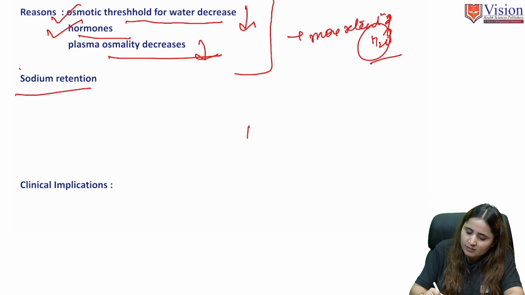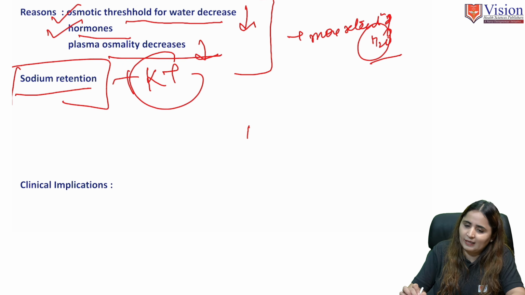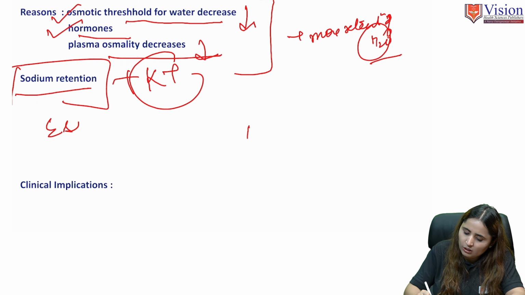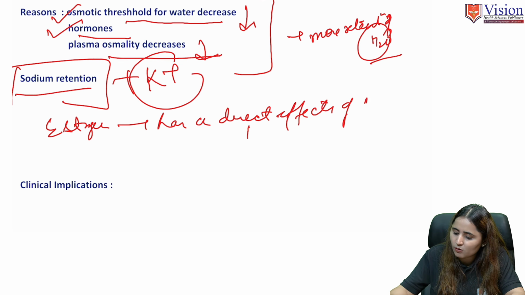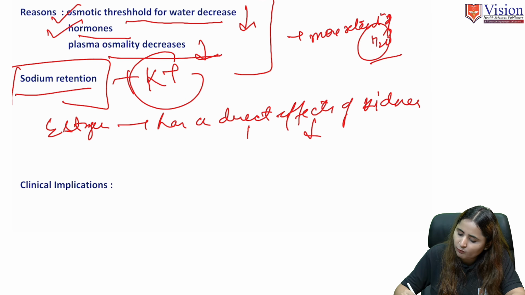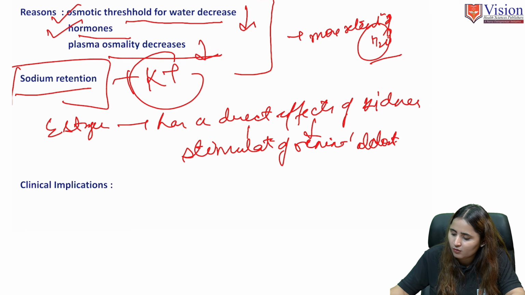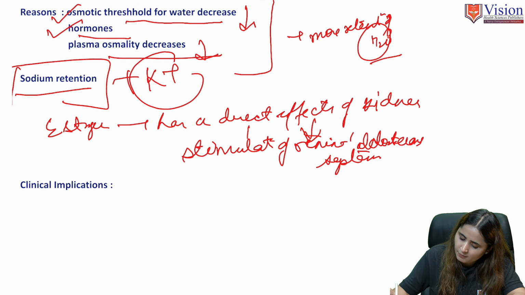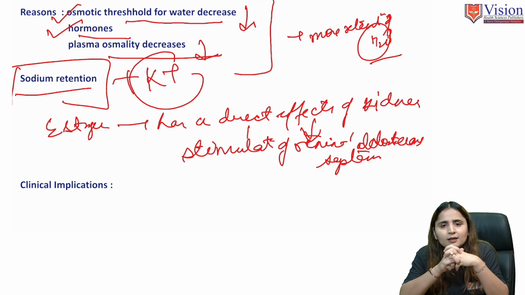Along with water, always remember there is sodium as well as potassium retention in pregnancy. Estrogen also has direct effects on the kidney and leads to stimulation of the renin-aldosterone system, due to which some changes occur in pregnancy.